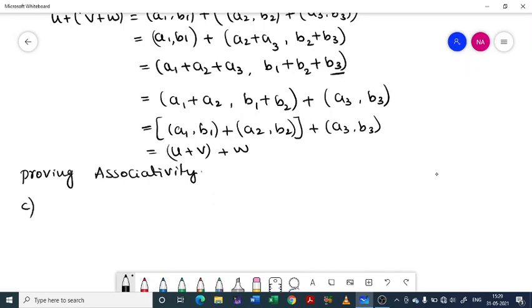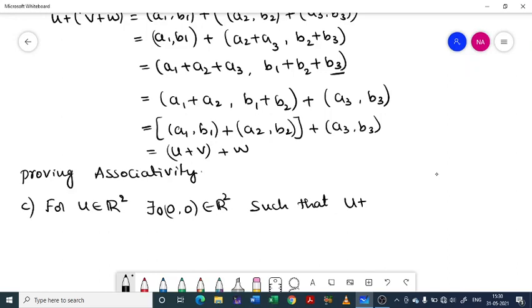C. So C is about identity. For u belongs to R square, there exists 0 comma 0 belongs to R square such that u plus 0 equal to u.